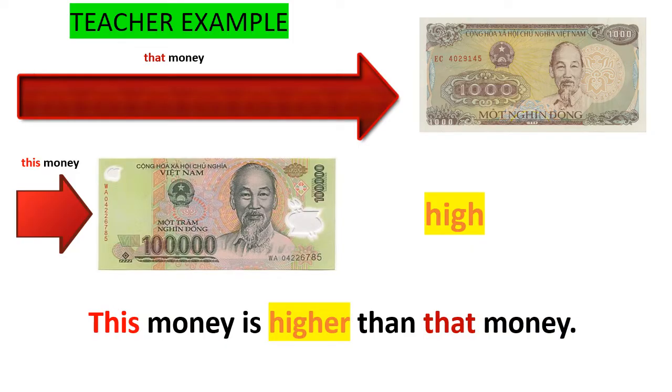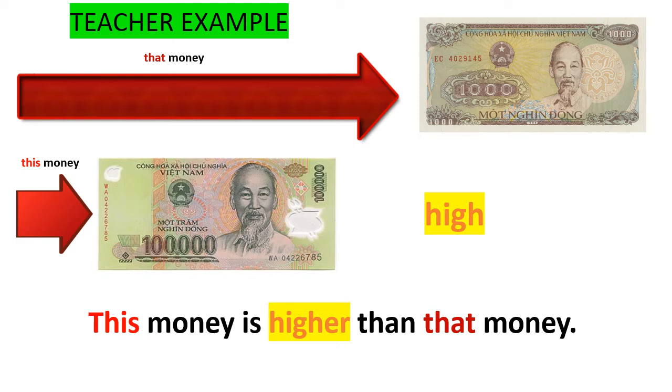So today you're going to take what you know about demonstrative pronouns and comparative adjectives and use them in a sentence. So I see a long arrow. That represents something that is far from me. In this case, money, that money.